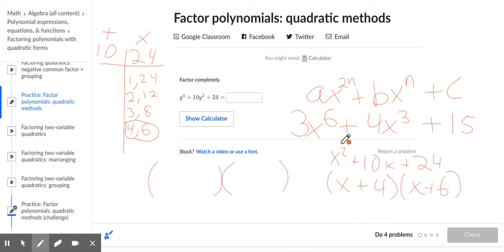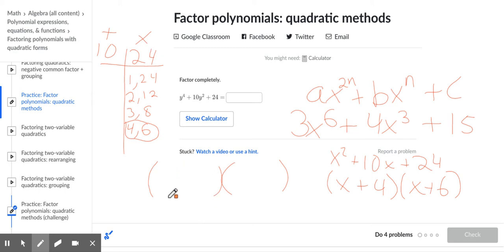But because we don't have a squared here, we have a 4th power, we just divide this power by 2, or we use this power. Okay, so if you think about it, this power matches this power. So the power of the factors is going to match the power of the middle term. Think of it that way.